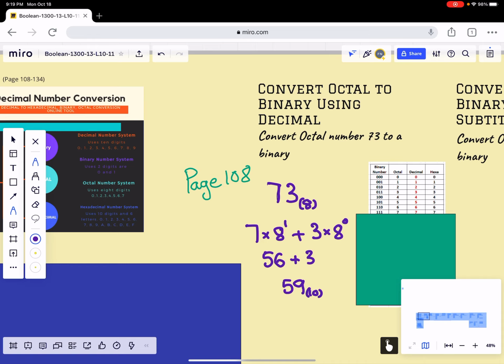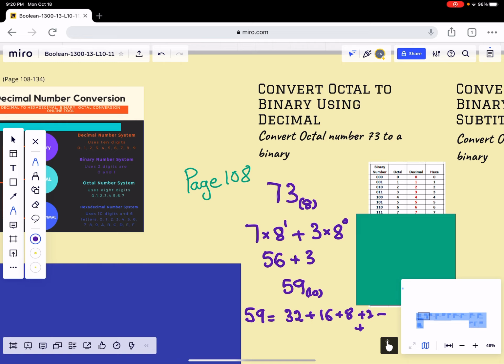Okay, so from this decimal number, I want to convert to binary. So 59 equals 32 plus 16 plus 8 plus 2 plus 1.